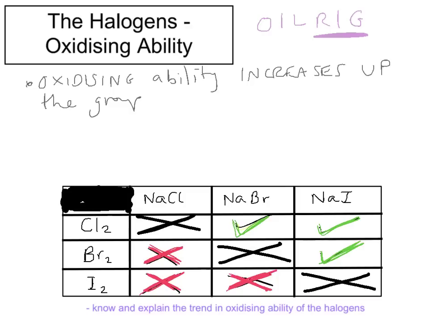And in doing that, the electrons would rather go on an element that has less shells because it can get closer to the nucleus, there's less electron shielding.